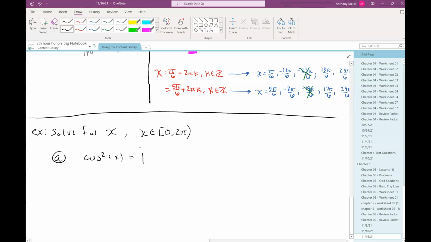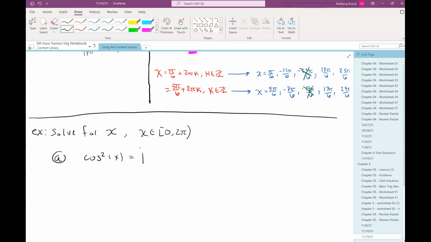So let's say we have cosine squared x equal to 1. Can I go ahead and apply cosine inverse right away? No, why not? Because I have cosine squared, right?